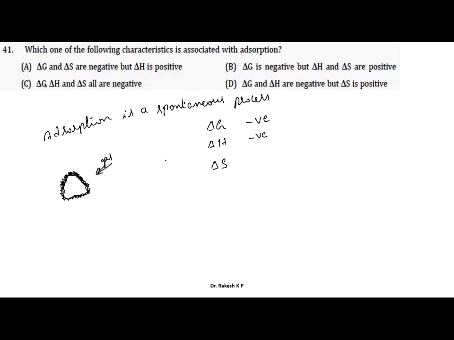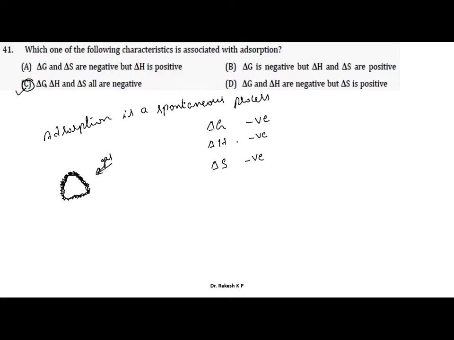Hence you can identify the entropy also decreases, because the movement will be less, because the gas is adsorbed on the surface. Since it is spontaneous, you are going to get the negative value. Here also the same thing, the movement will be less. Okay, hence in this case the option is C, because delta G, delta H and delta S are all negative.